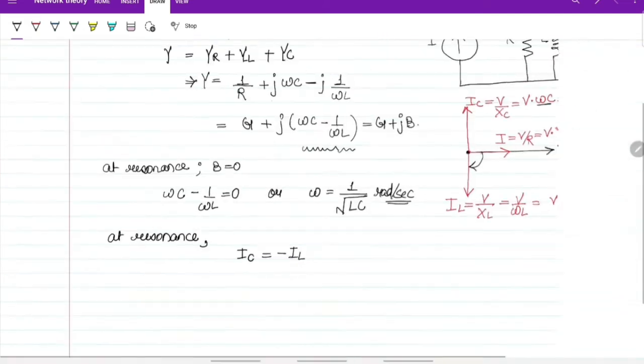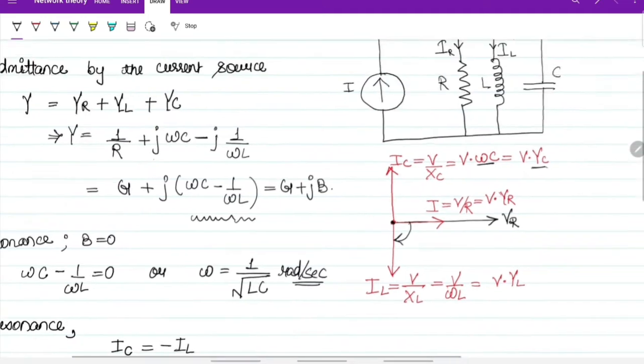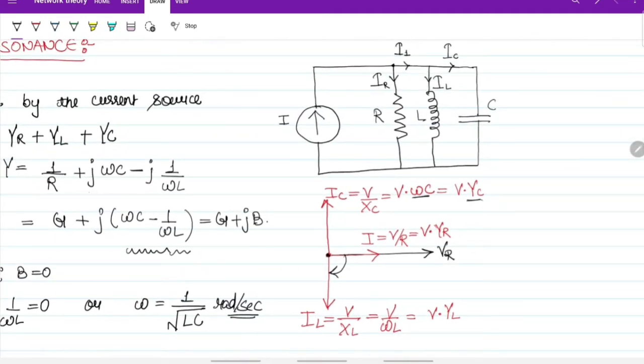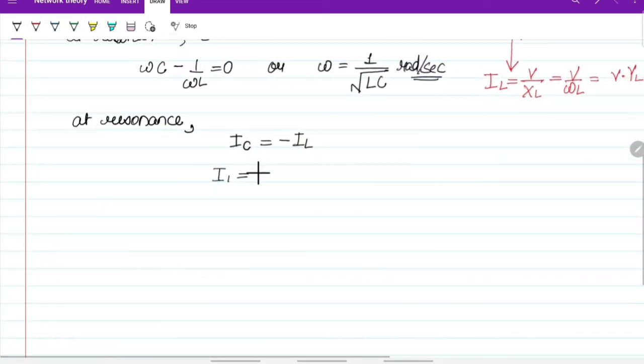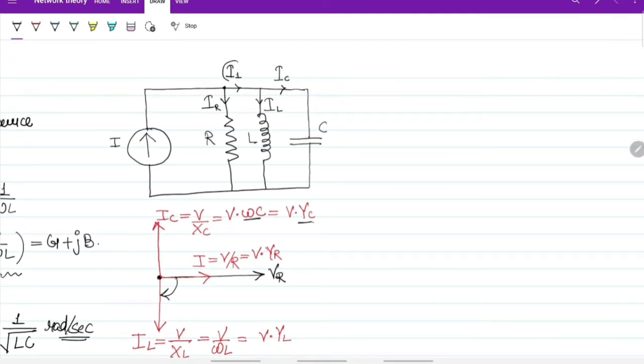Now current I1 will be equal to IC plus IL, and if IC is equal to minus IL, this current will be equal to 0, and if this current is equal to 0, there will be only IR in the circuit, or you can say I is equal to IR.